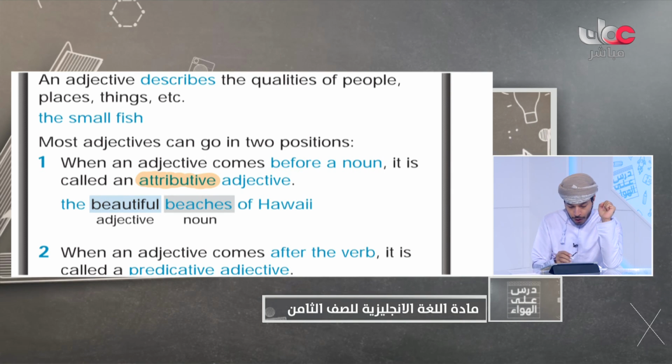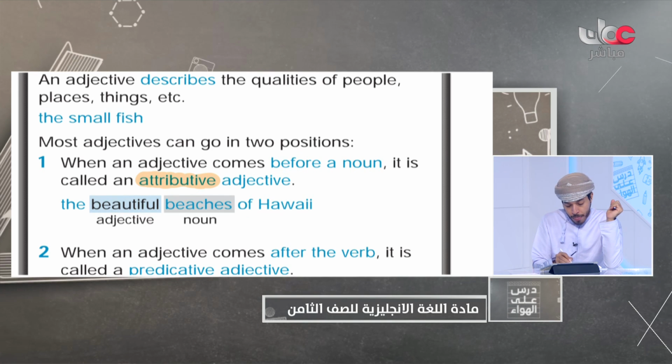For example, look at this one: the beautiful beaches of Hawaii. What can we see? This is the adjective, beautiful, and we have the noun, beaches, شواطئ. Shواطئ هاواي الجميلة.